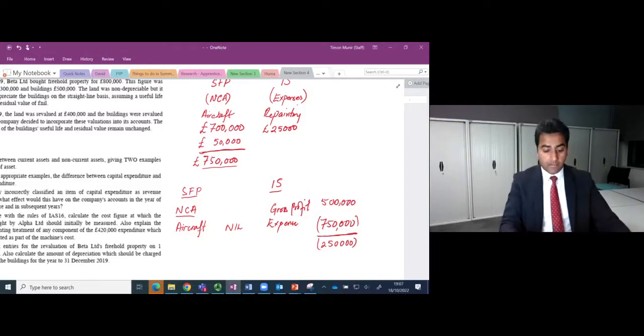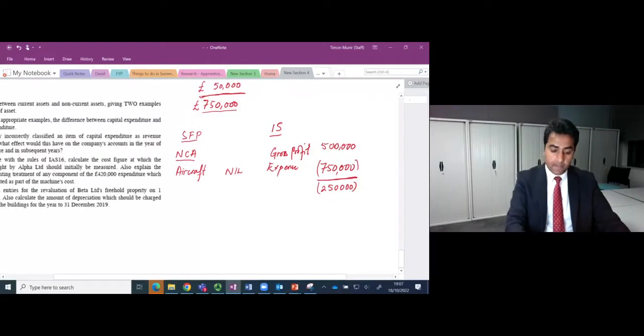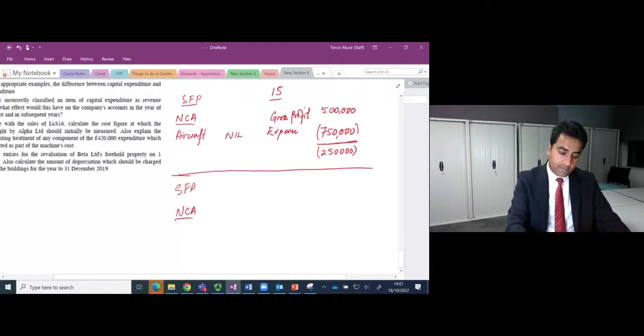To further this example, if he would have recorded it correctly, then in the statement of financial position, we would have recorded non-current assets, aircraft, of £750,000, less the accumulated depreciation.